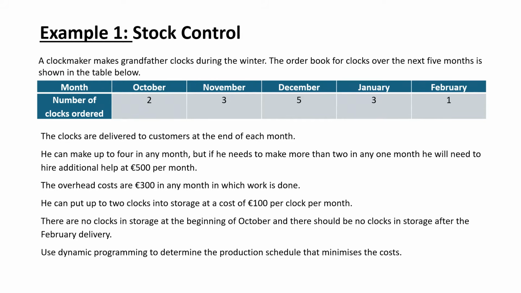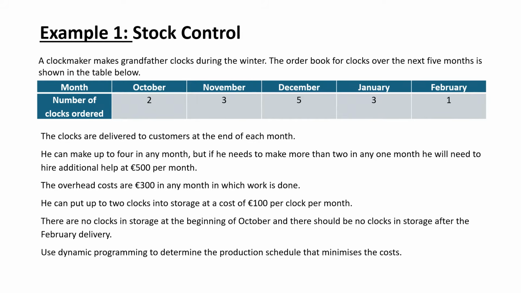The overhead costs are €300 in any month in which work is done. He can put up to 2 clocks in storage at a cost of €100 per clock per month. There are no clocks in storage at the beginning of October, and there should be no clocks in storage at the end of February. Use dynamic programming to determine the production schedule that minimizes the cost.